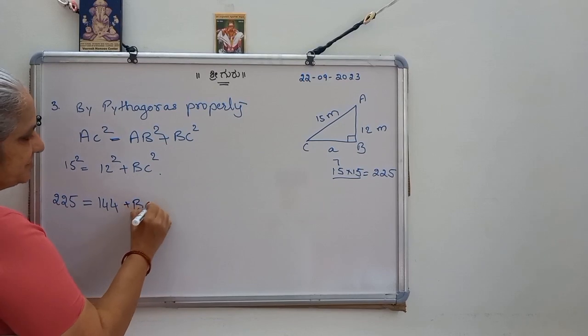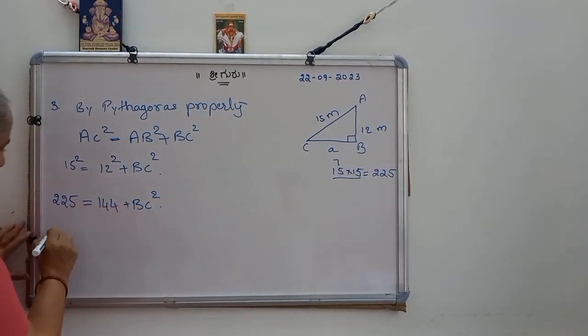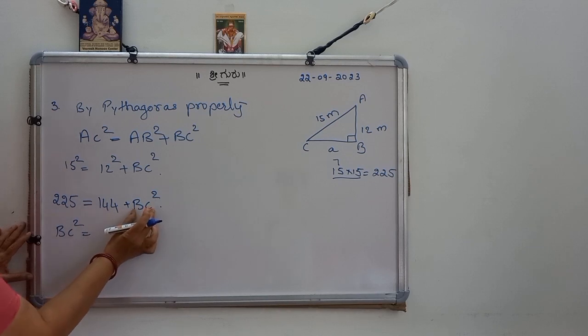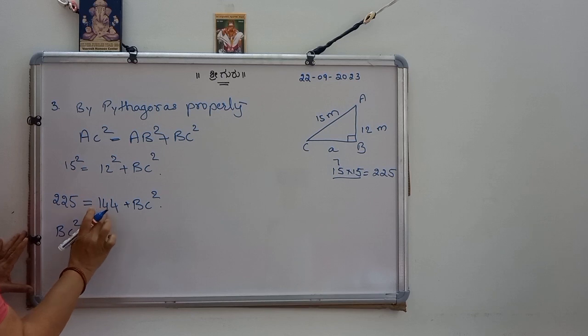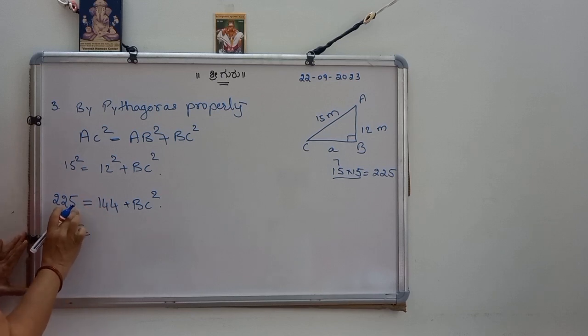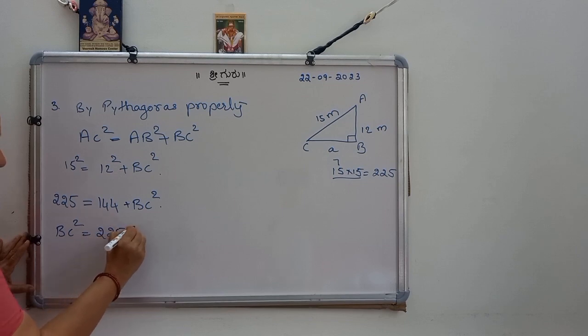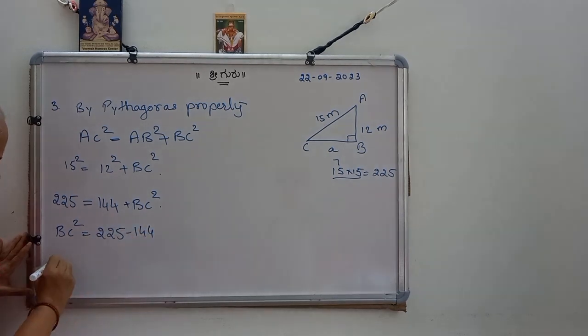Plus BC square. Now by simple equations, BC square is equal to, here BC square is remaining on one side and 144 is transposed to the other side. We will get 225 minus 144.